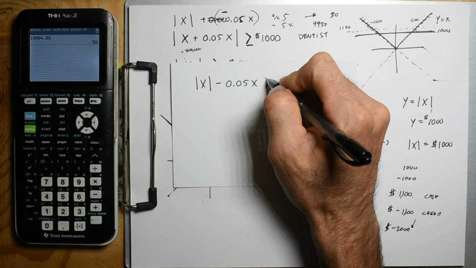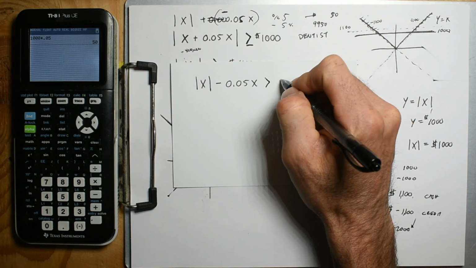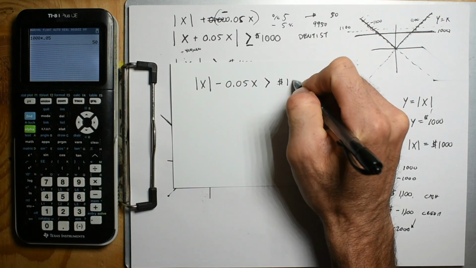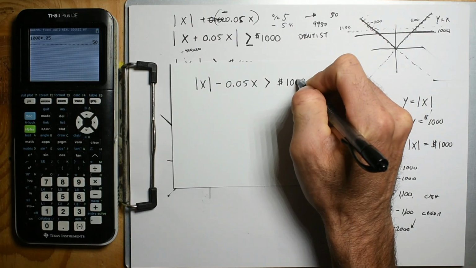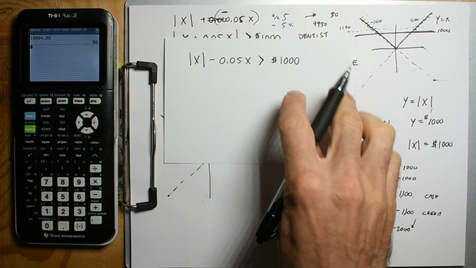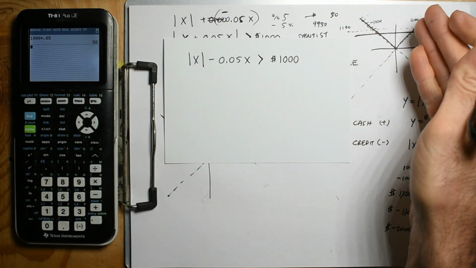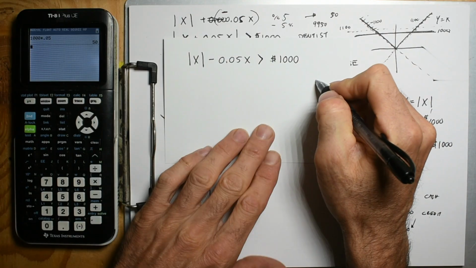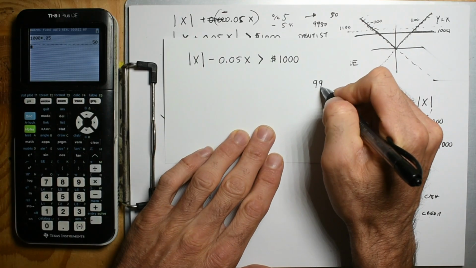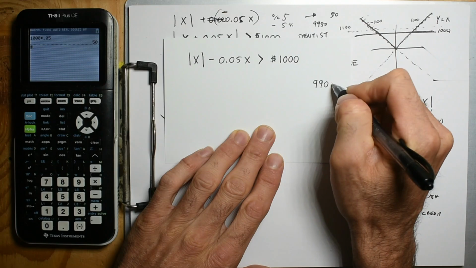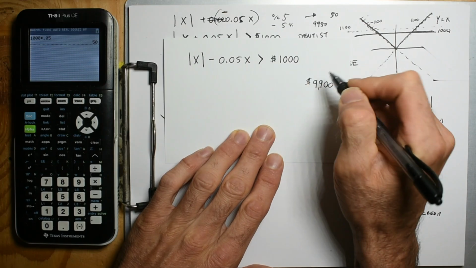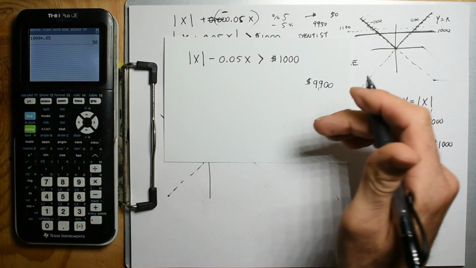If I say this has to be $1,000, this is what happens at the dentist. Let's say your bill is $1,000, and they say, well, if you pay cash, it's going to be $950.